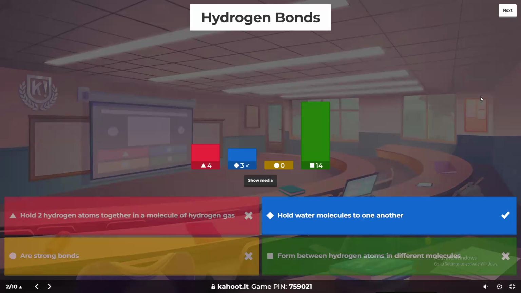So the answer for this one is going to be hold water molecules to one another. Now, most of us picked the green one, form between hydrogen atoms in different molecules. That should be obvious to you guys why that's wrong. Because when we talk about hydrogen bonds forming, we're talking about a polar hydrogen. So when a hydrogen is polar, what polarity does it have? Positive or negative? Always positive. Always positive if it's polar.